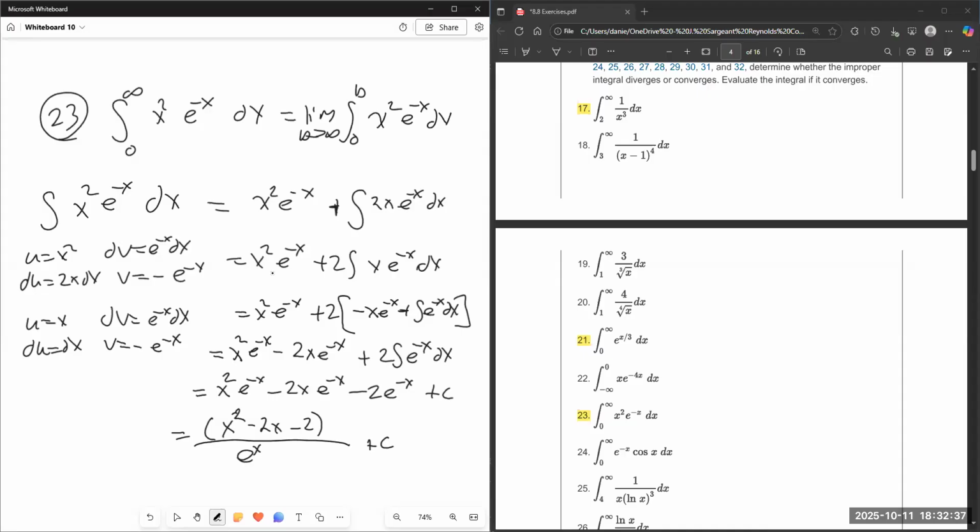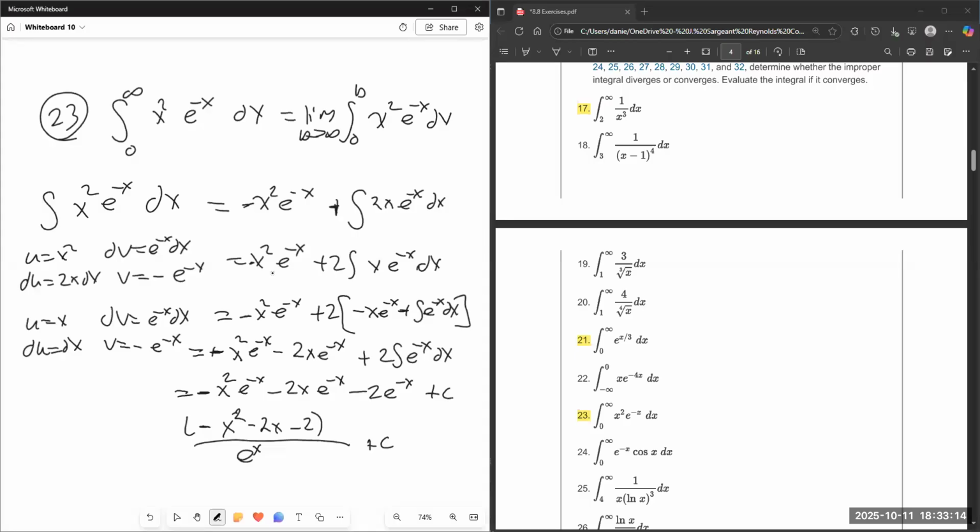So uv should be negative. uv minus the integral of v du.